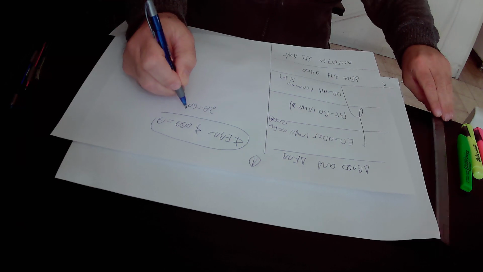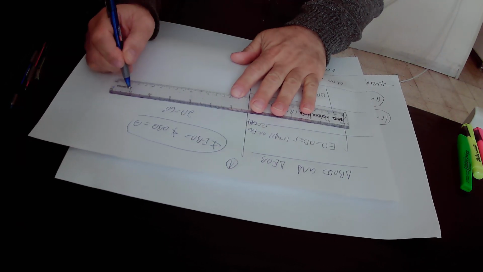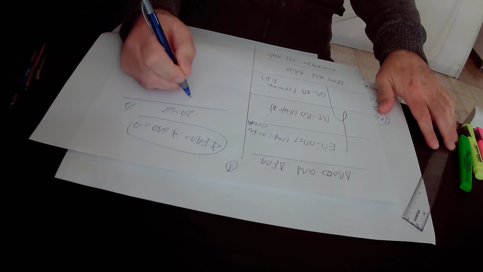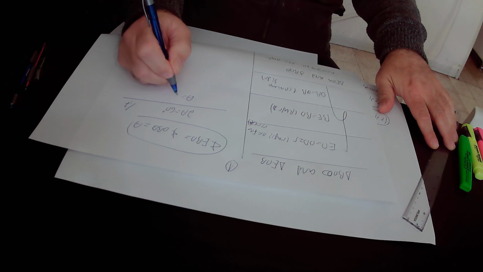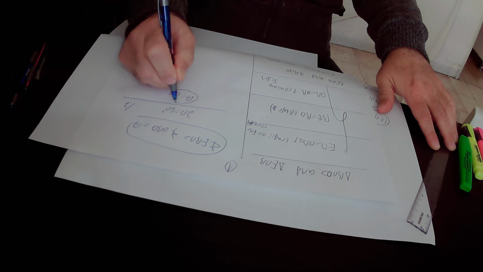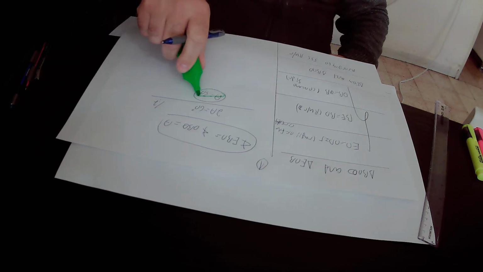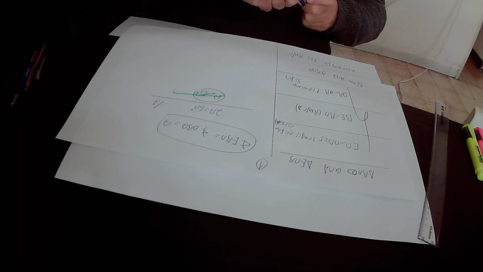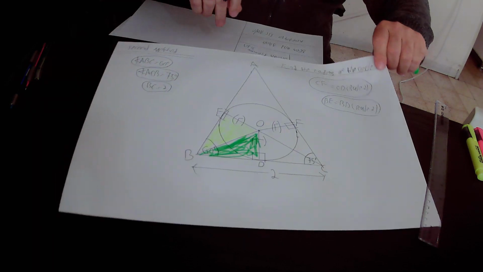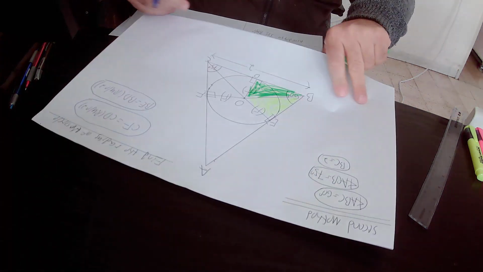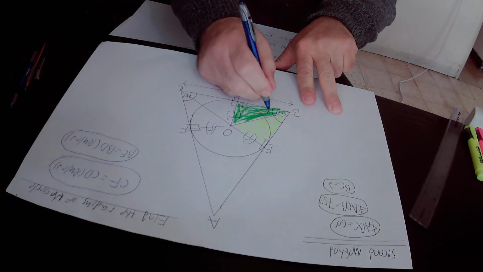We divide this equation by 2 and we get that angle theta equals to 60 degrees over 2 is 30 degrees. Okay, angle theta equals to 30 degrees in its size. So this is angle theta that equals to 30 degrees in its size.